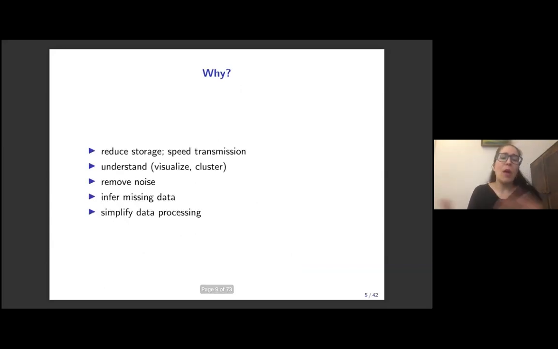Okay, so why would we be doing this? One reason might be to reduce storage. Another might be to understand your data, to visualize or cluster it by visualizing or clustering the rows of X or the columns of Y. You could be doing it to remove noise. Maybe you think that X times Y is actually a more faithful representation of the underlying phenomenon than the data A that you measured. You might be doing it to infer missing data.